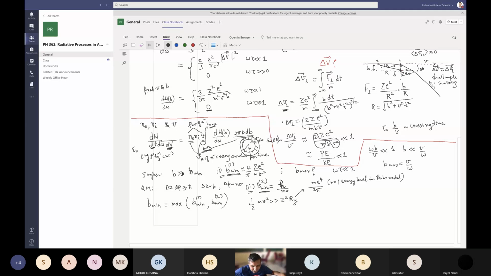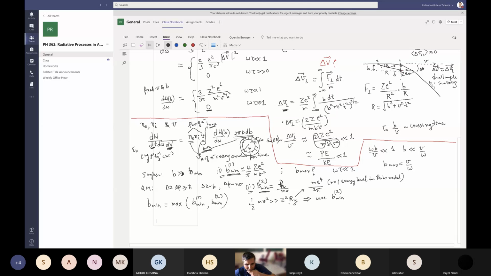So for high velocities, if v is high, B min 1 is tiny. B min 2 is also small, but not as small as number 1. So you should use 2. If v is large, this implies use B min 2, because B min 1 is much smaller.